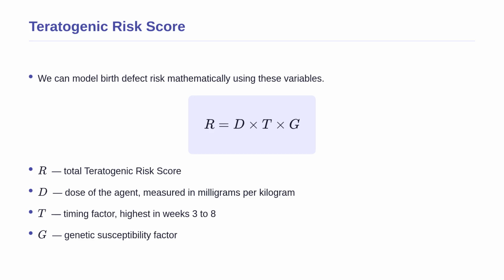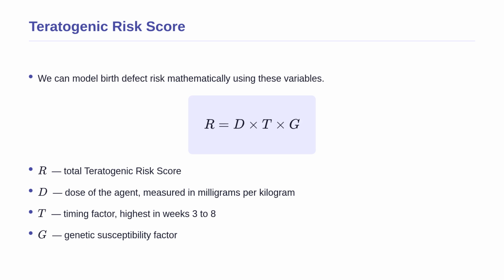Now that we have identified the three variables, we can combine them into a mathematical framework. This formula calculates the teratogenic risk score, represented by R. It equals D times T times G. D stands for the dose of the teratogenic agent, usually measured in milligrams per kilogram.